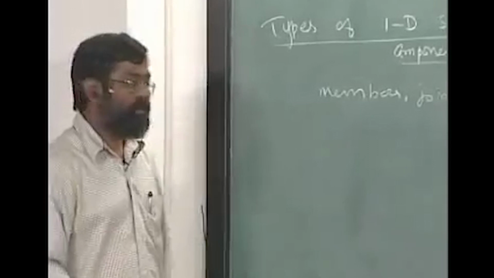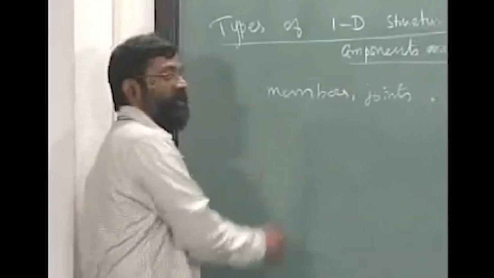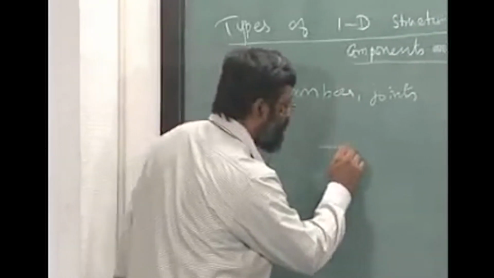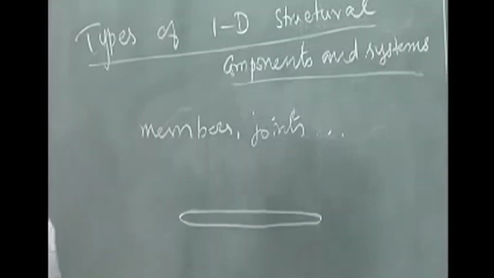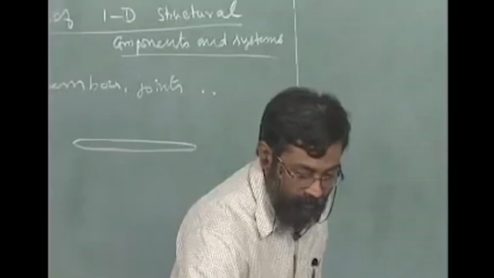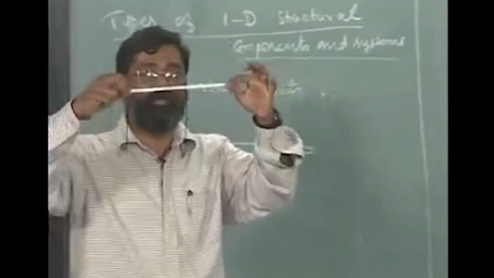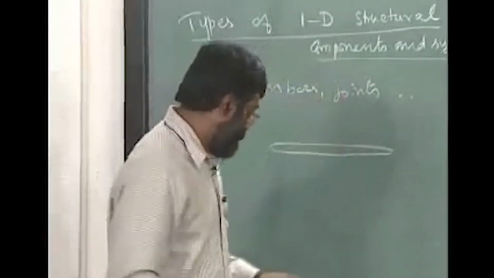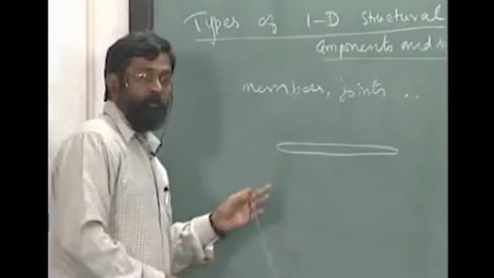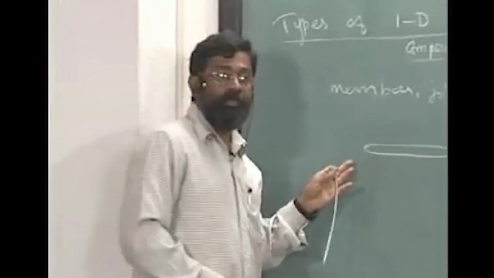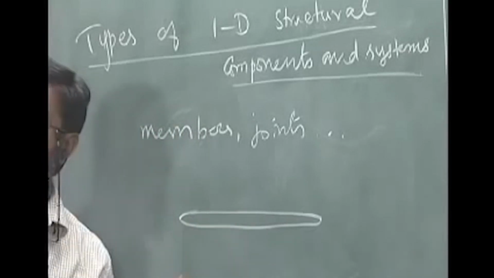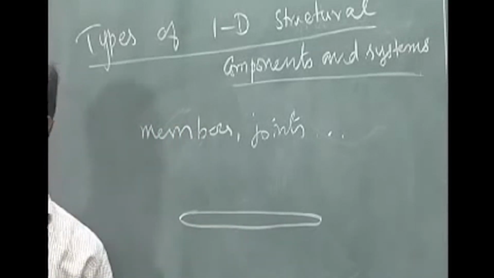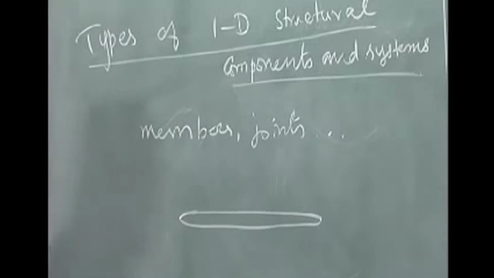The simplest of one dimensional members that we know of is a single one dimensional rigid body like this, a straight one dimensional rigid body like this. Okay. Now the forces acting on these we have already examined, could be the internal forces, could be axial, shear or moment resultants.